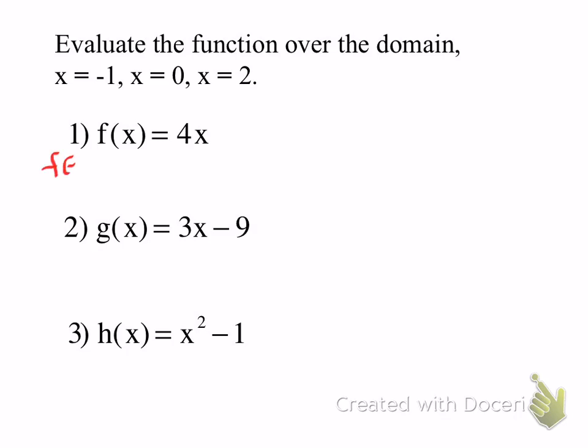The f of negative 1 equals 4 times negative 1. And then you evaluate it. What's the value of it? Negative 4. Okay? That's the first domain. You with me, Saffron?